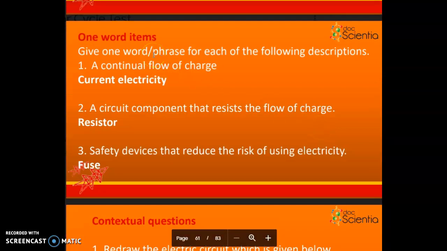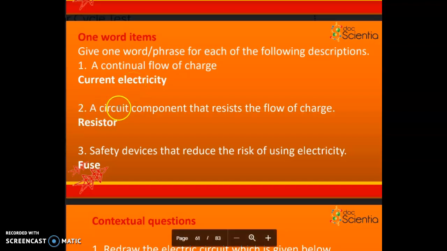Give one word for the following descriptions. A continual flow of charge is a current, it's current electricity.